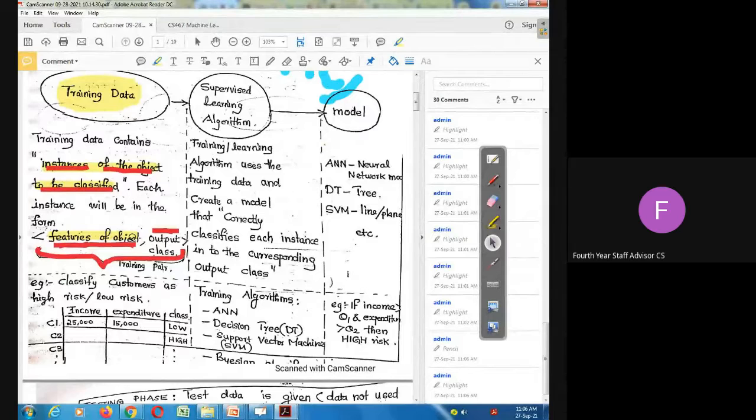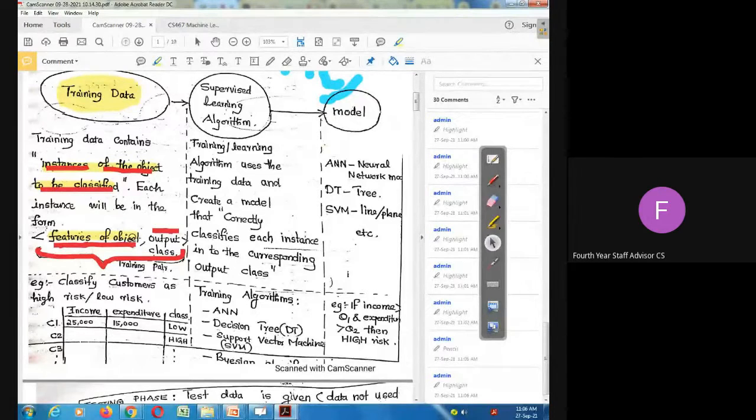That is the characteristics. For example, the best example is orange. So what are the features of an orange fruit? Its shape is round, then its color is orange. So there are two features. Color and shape are the features of the orange object.